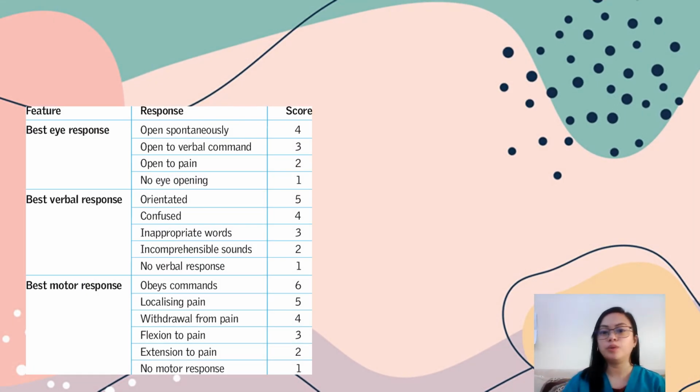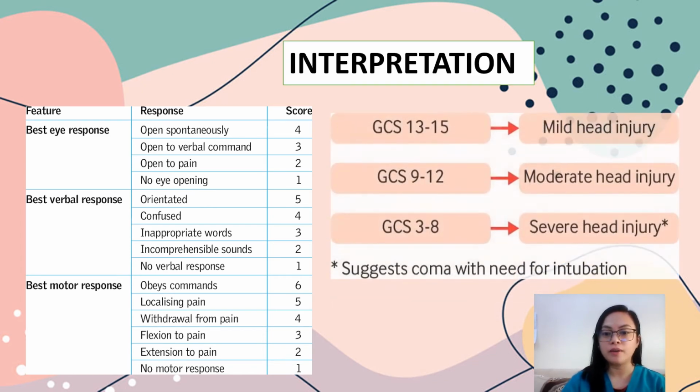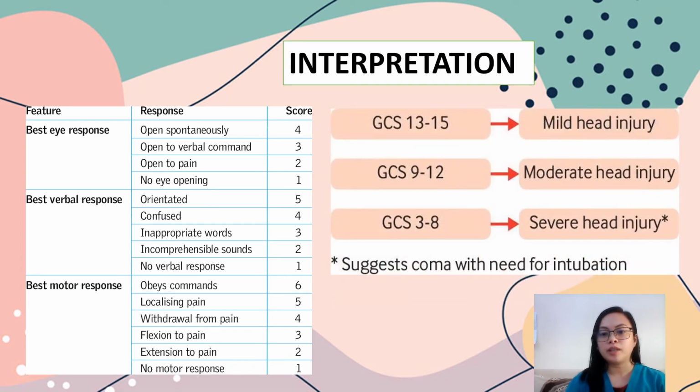Okay, so how do we interpret the scores that we get from the scale? As I have said earlier, the highest possible score that you can give overall is 15, while the lowest is 3. There is no 2, 1, or 0 score. For a GCS of 13 to 15, the patient has a mild head injury.